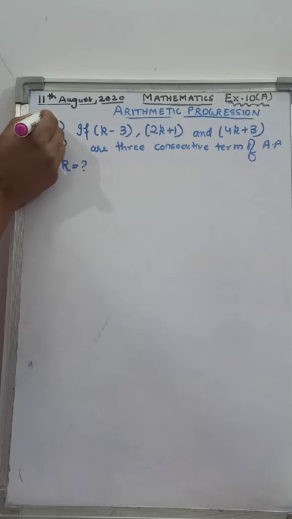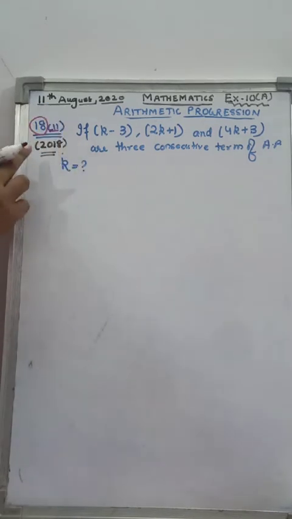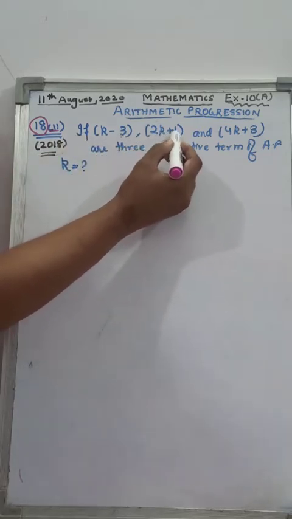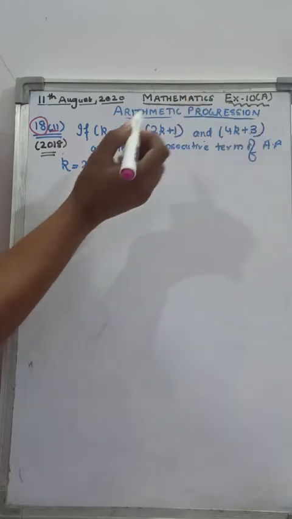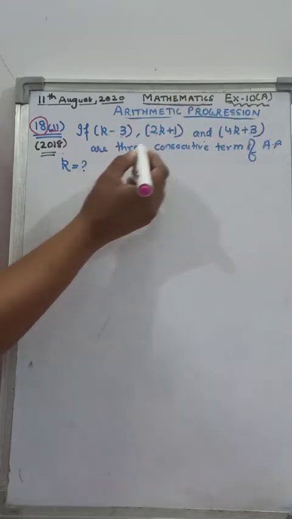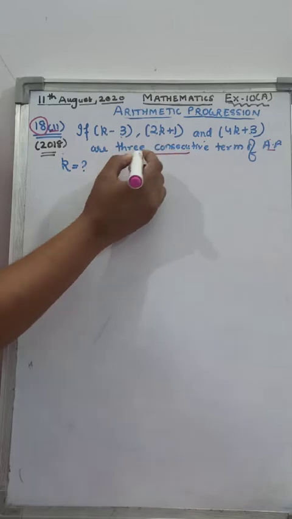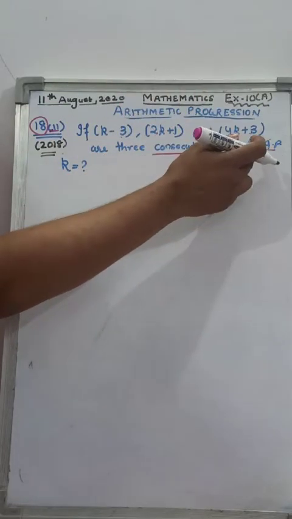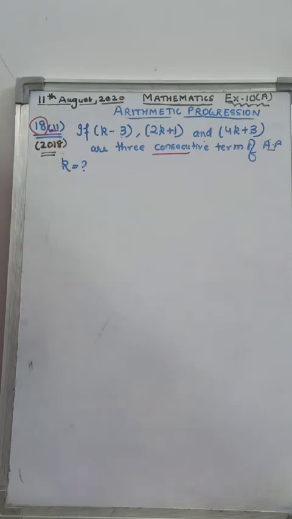Now question number 18, second part. It is a 2018 question. Now let's see what the question says. If k minus 3, 2k plus 1 and 4k plus 3 are 3 consecutive terms of an AP. Consecutive means, suppose this is first, second, third. This is the meaning of one after the other.